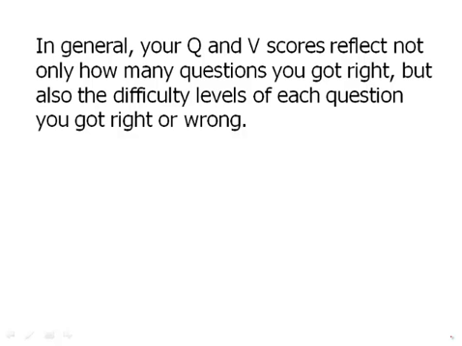So in other words, getting an easy question wrong doesn't count the same as getting a difficult question wrong. Getting an easy question right does not count the same as getting a difficult question right. The difficulty level of each question is very important to how much that question counts overall in your score.